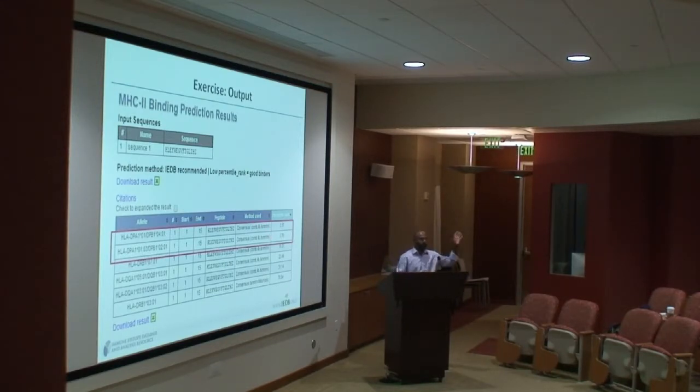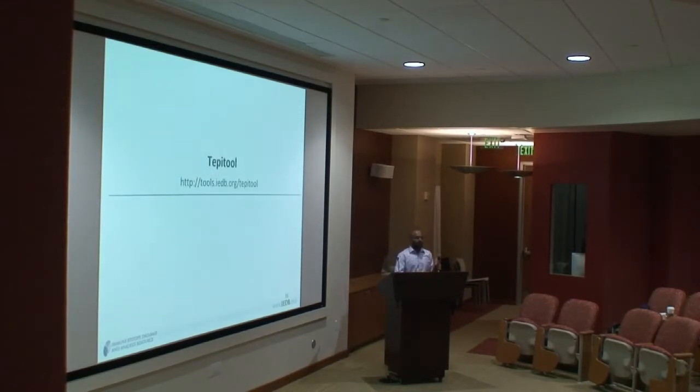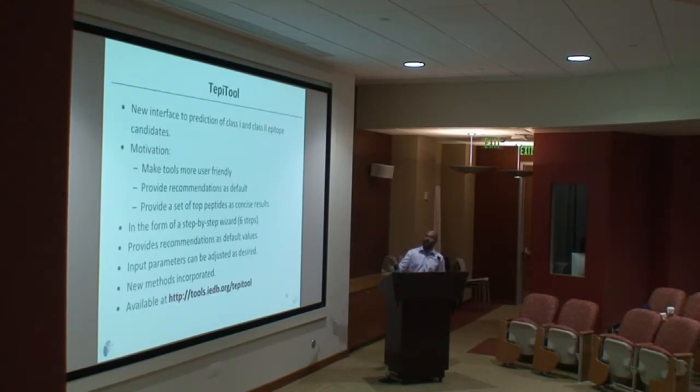If anybody has any question, maybe we can go over it after this session or in the individual session in the afternoon. Now I'm moving on to the TEPI tool. The TEPI tool is basically a new interface for the prediction of class 1 and class 2 epitopes. Essentially we have the same methods implemented in a more user-friendly way. The motivation is to make the tools more user-friendly and provide recommendations as a default.